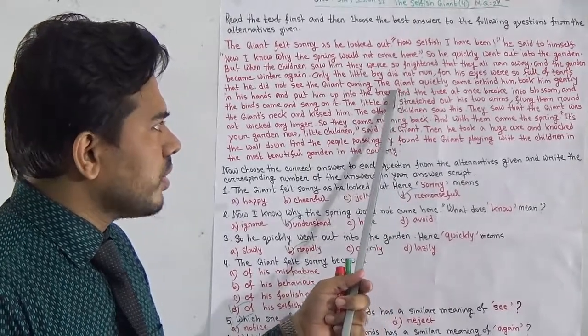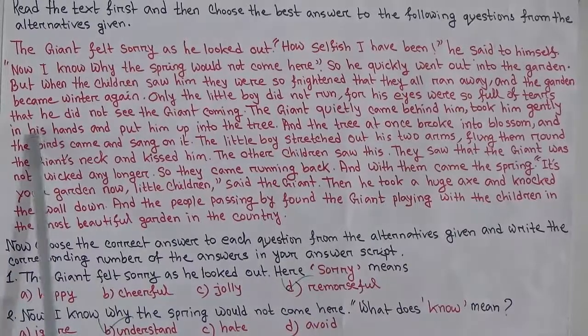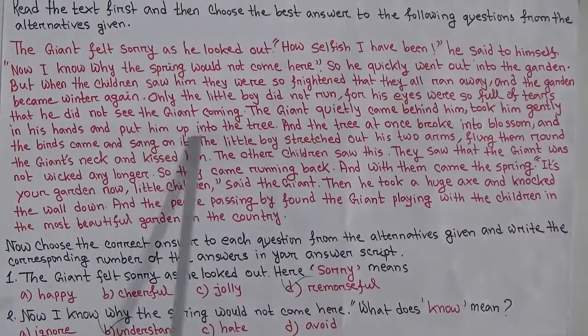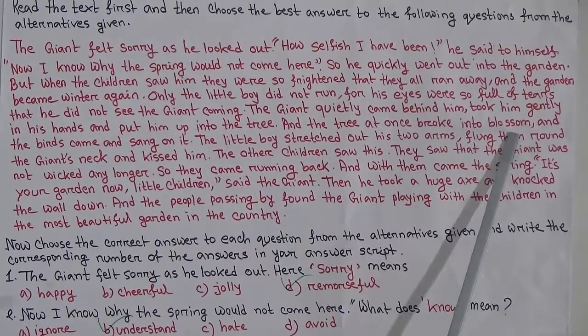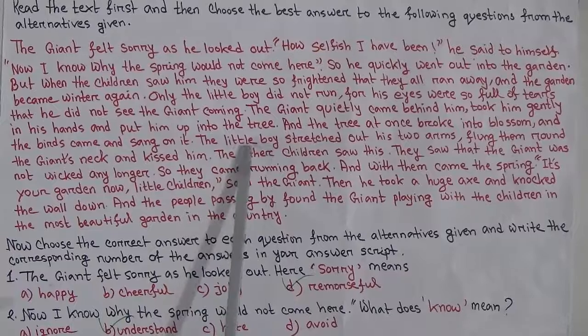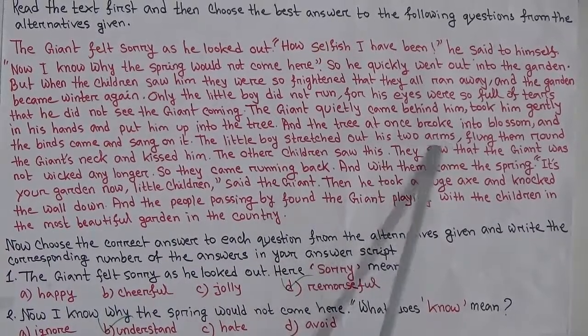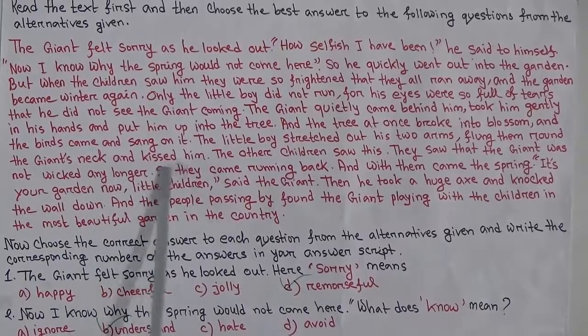The giant quietly came behind him, took him gently in his hands and put him up into the tree, and the tree at once broke into blossom, and the birds came and sang on it. The little boy stretched out his two arms, flung them round the giant's neck and kissed him.